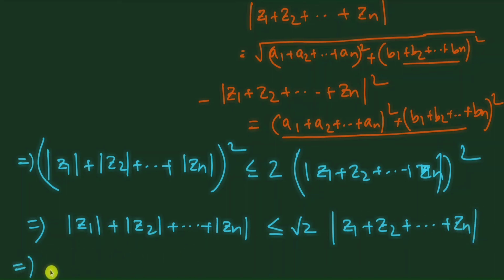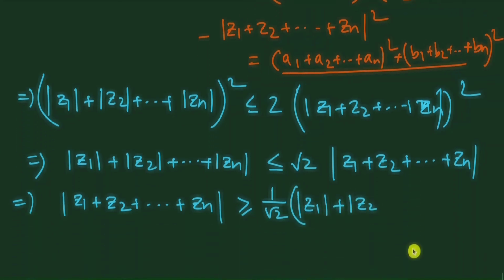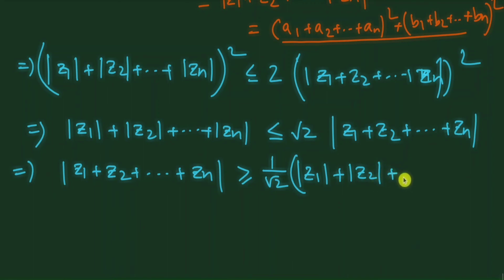This implies mod of z1 plus z2 plus zn is greater than or equal to 1 by root 2, a positive quantity, into mod z1 plus mod z2 plus mod zn.